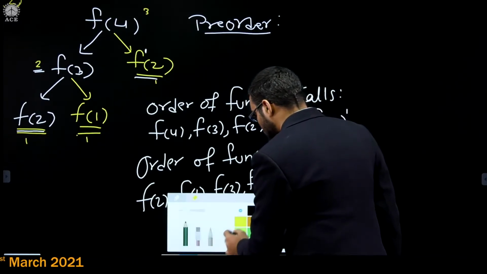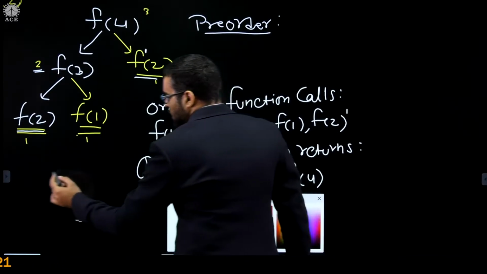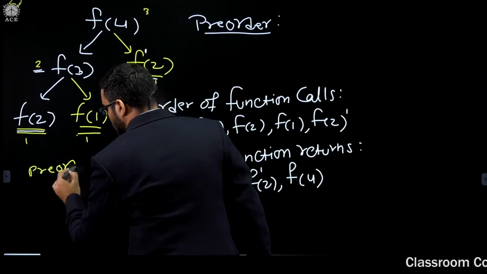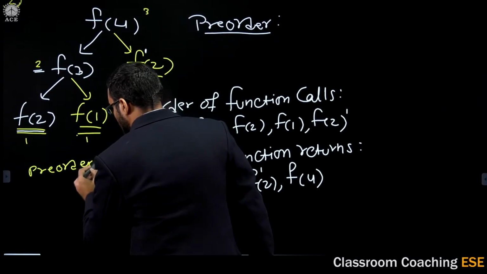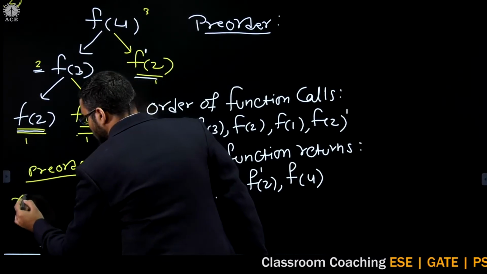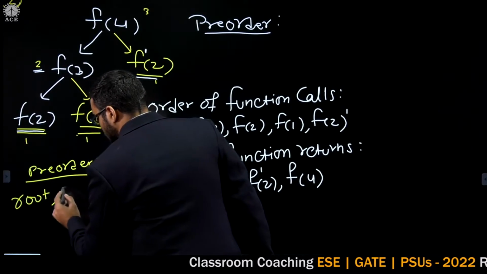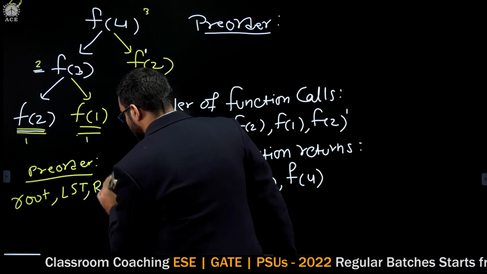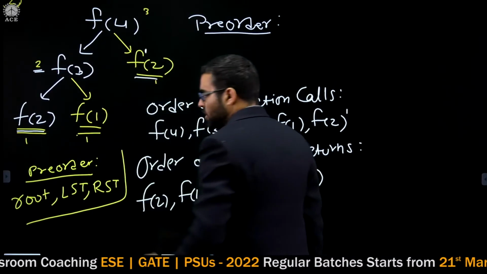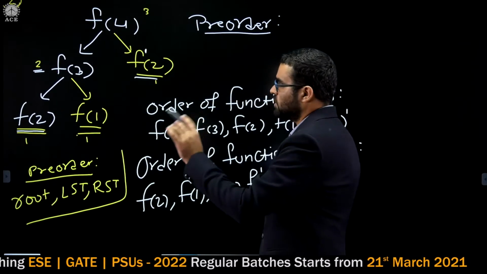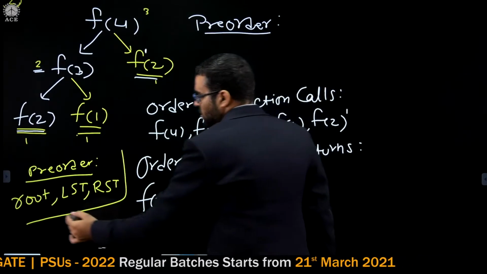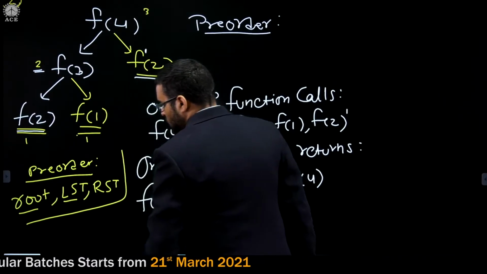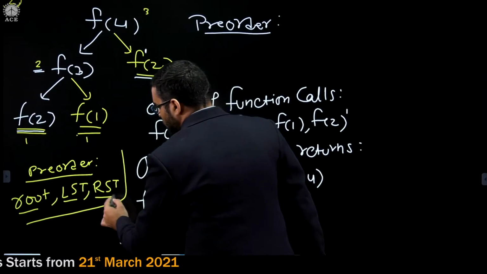First we write the root node, then we go to the left subtree, and then we go to the right subtree.